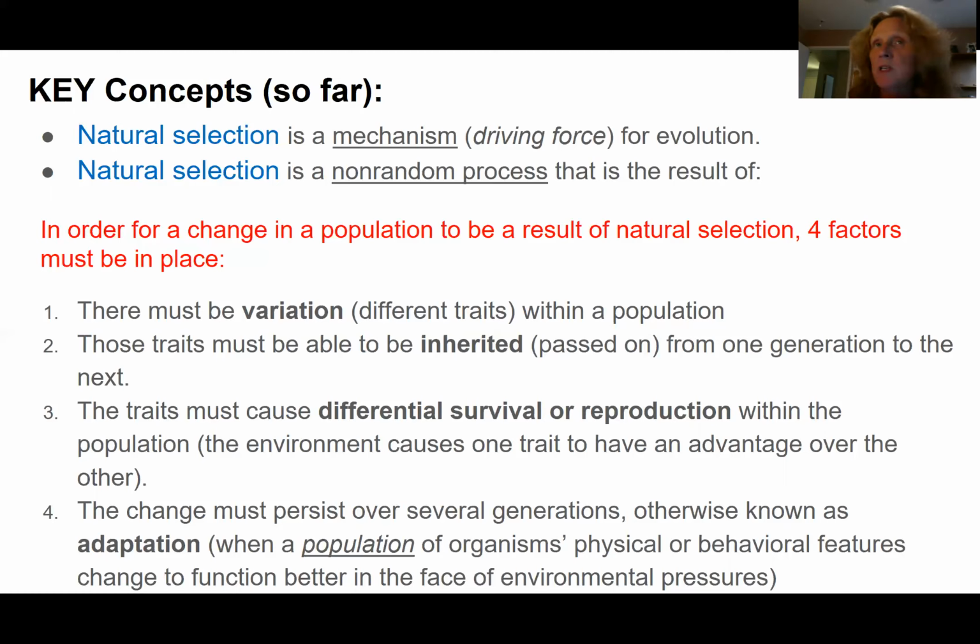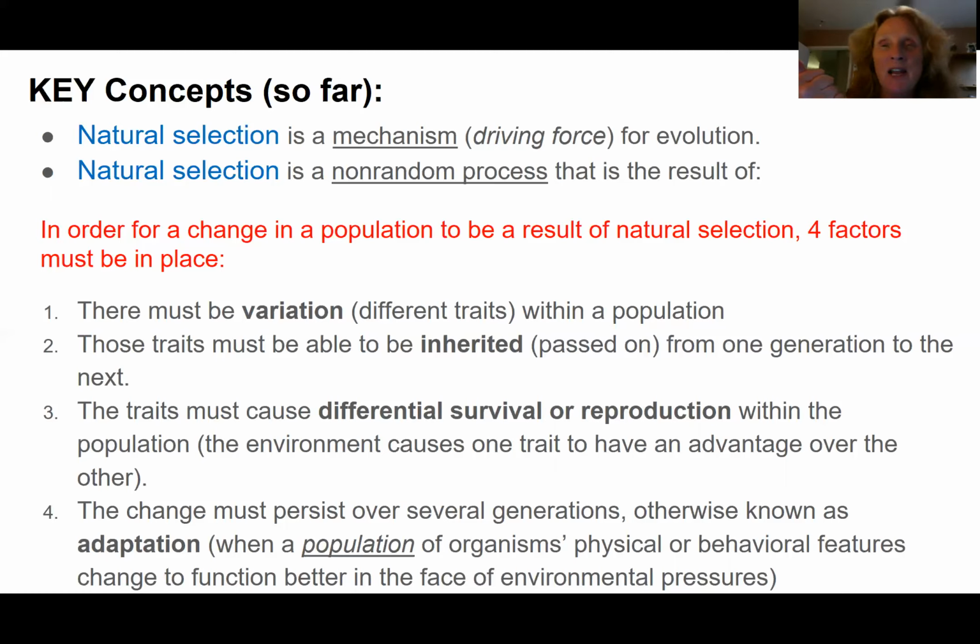And as we just discovered in a couple of the activities you've done so far, natural selection is a non-random process. And if you look at these next four things, what I highlighted in red, in order for a change in a population to be a result of natural selection, four factors have to be in place. I'm hoping to see those four factors when I read your CERs. I'm still behind on them. I'm still doing the number nines. Okay.